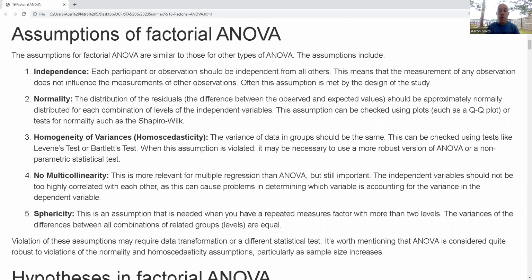It's worth mentioning that ANOVA is considered quite robust to violations of the normality and homoscedasticity assumptions, particularly if we have a large sample size. If I have a huge sample size, it's probably not going to be much of an issue if I'm violating some of these assumptions.